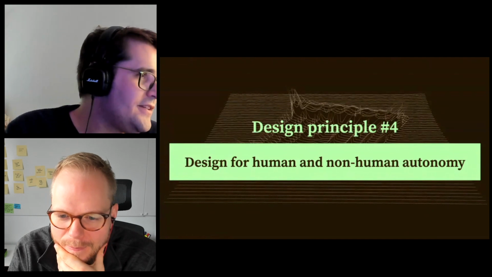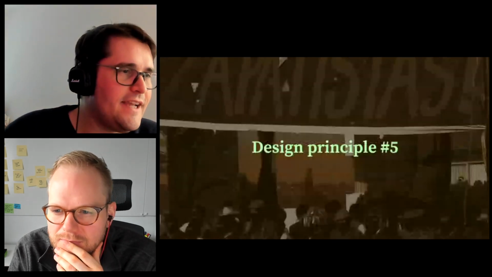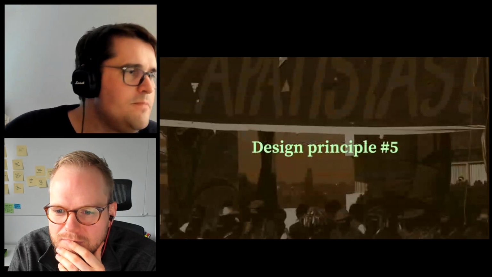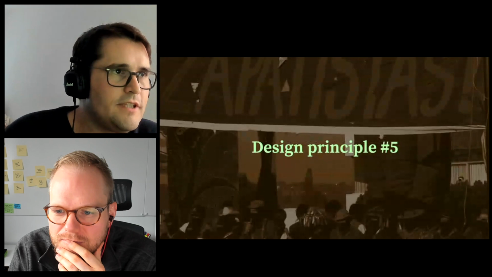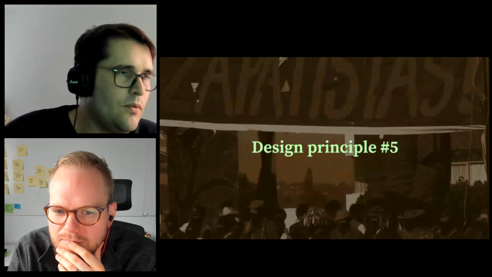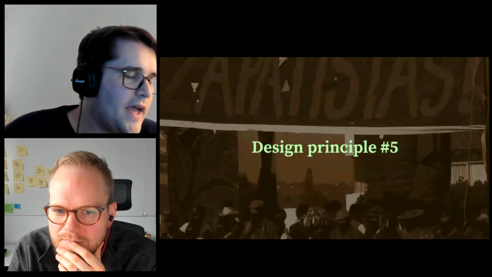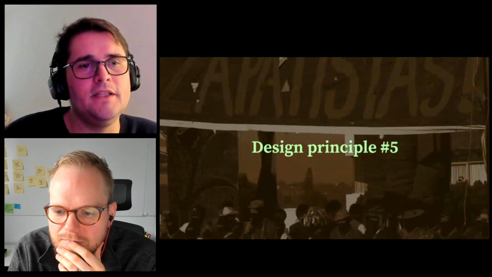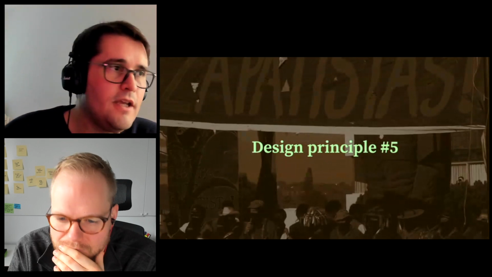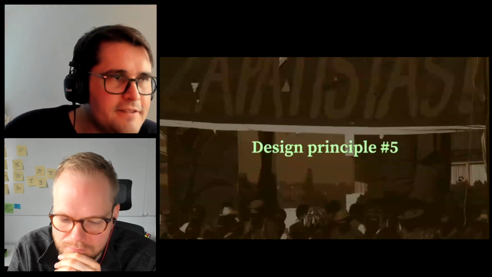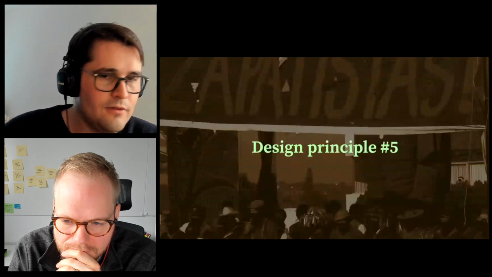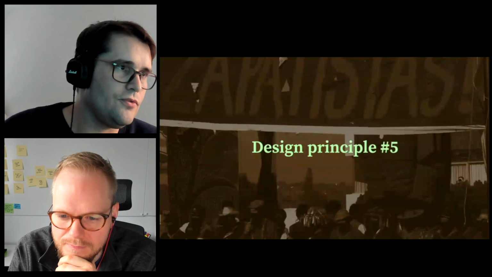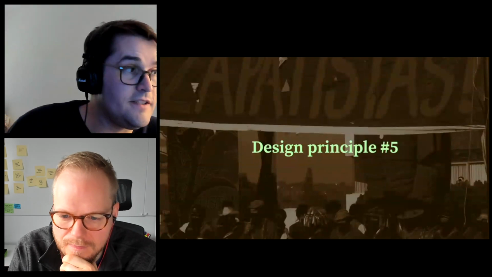Yeah. And the last one is the need for what we call a multi-ontological approach, which means basically that you need to take into account multiple perspectives in your design. And we are kind of trying to do that, but we also have an issue in the process of doing that, because we are trying to synthesize those perspectives into one single cohesive view, and this is an issue. Well, at least I think it is an issue.